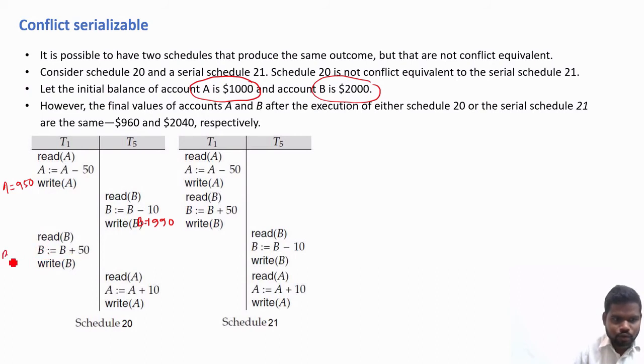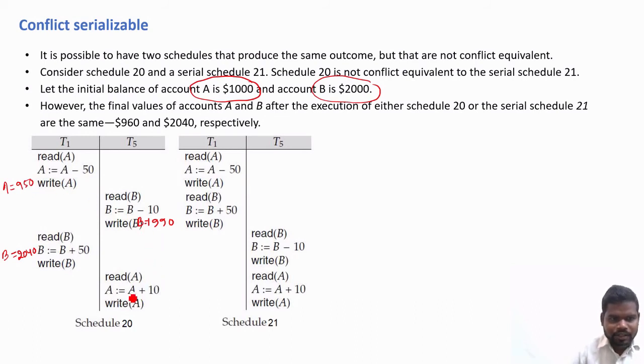Then here again we have B is equal to B plus 50. The value of B is 1990 because it is already written in the database, so the same value 1990 will be read by this instruction. So 1990 plus 50 is equal to 2040. Then it will be written in the database. Now read A, so 950 will be read.